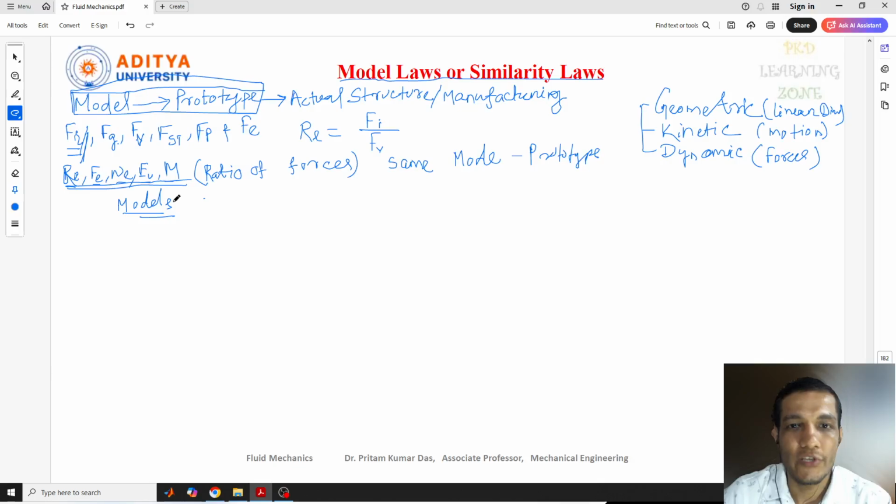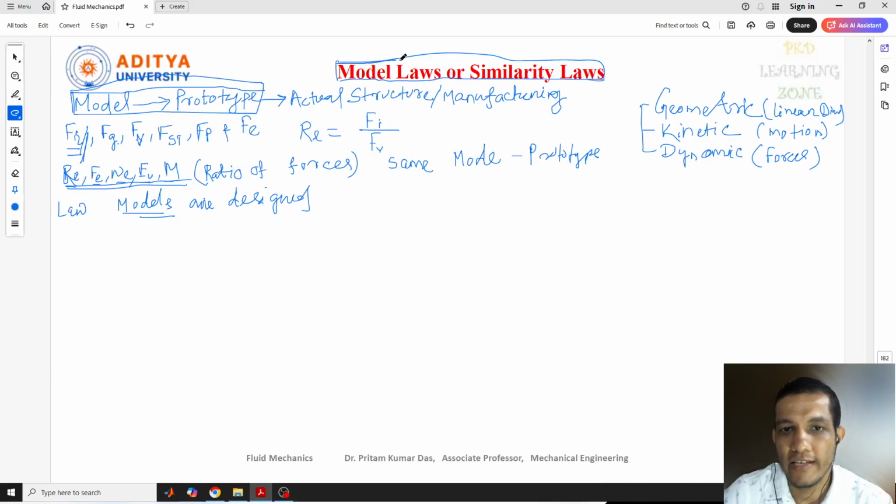The law on which the models are designed is called model laws. Very simple. The topic here is model laws or similarity laws.